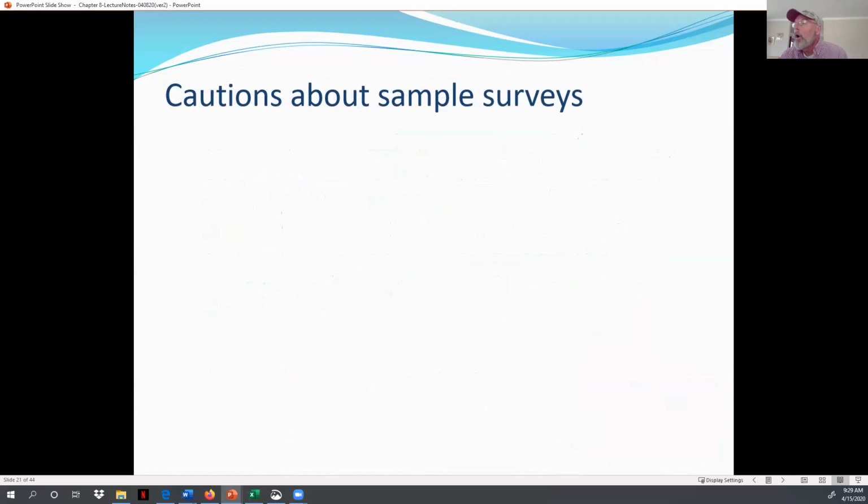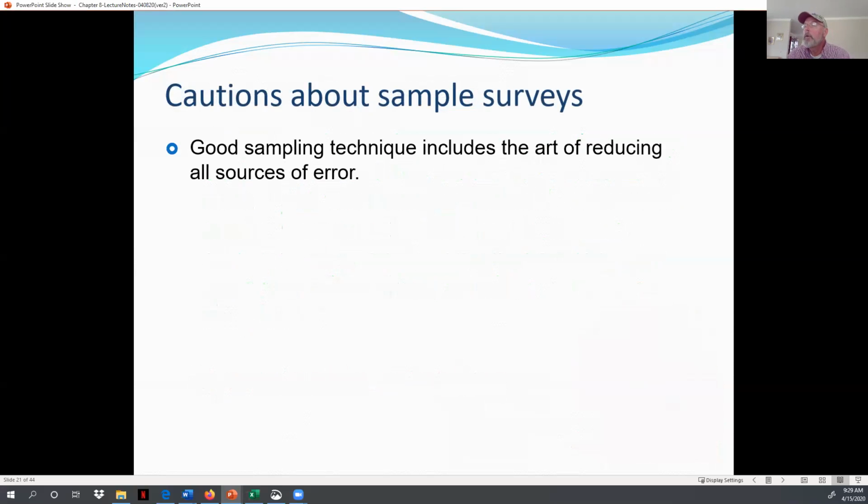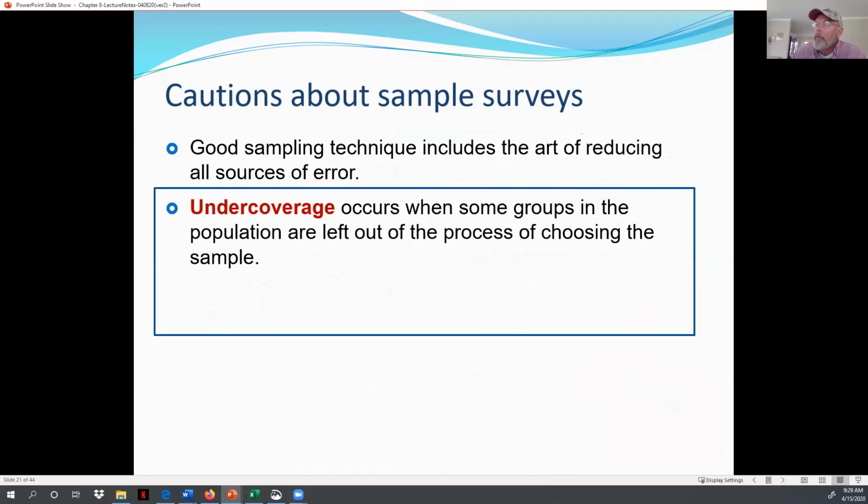Okay, so cautions about sample surveys. We really want to think about technology and using technology, but we want to eliminate bias. That's the point of random sampling, to eliminate bias.